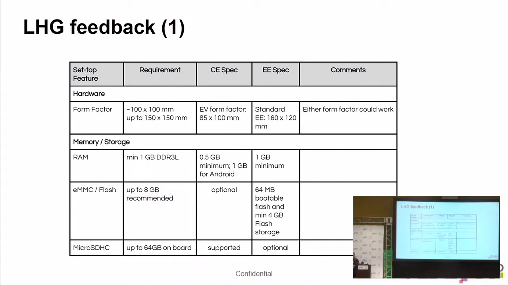All right, so from the Linaro Digital Home Group, we came to the realization that we would be better off building upon the Enterprise Edition specification rather than the CE specification. That might strike some people as a bit odd, but there were certain things in the CE spec that were very specific to mobile.